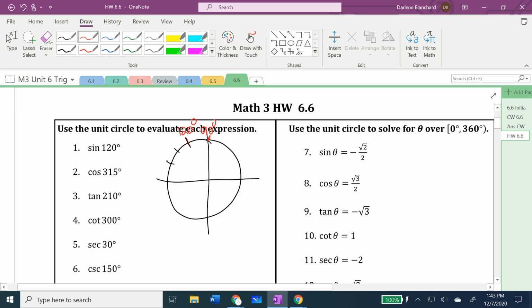And sine is looking at what is the y coordinate if the terminal side of my angle lands at this point. So I have initial side, terminal side, the angle turned, but I want to know the y coordinate of this point.